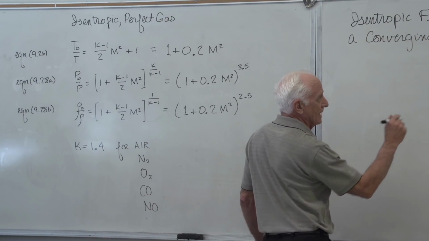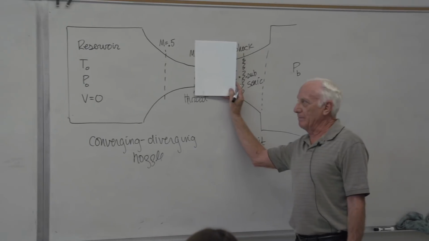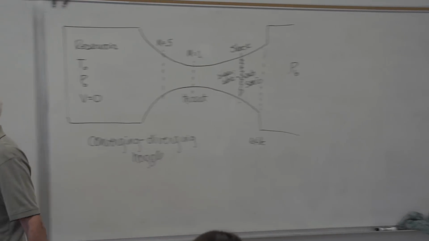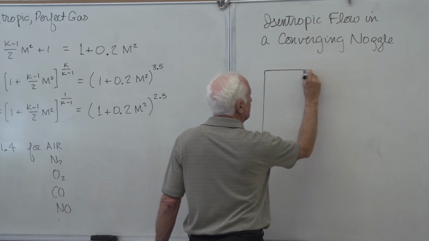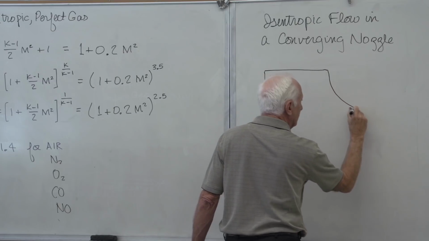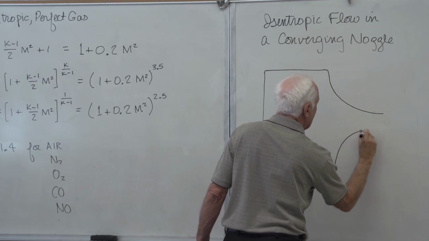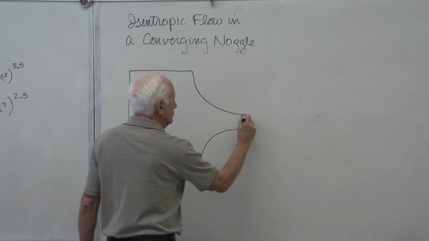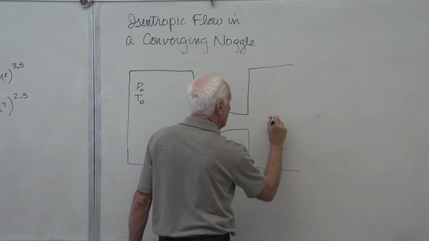Let's go to the converging nozzle. So for the converging nozzle, all we do is we take the picture to the left of the paper. That's a converging nozzle, okay? The reservoir conditions are still P naught and T naught. It exhausts into a back pressure region, P back.